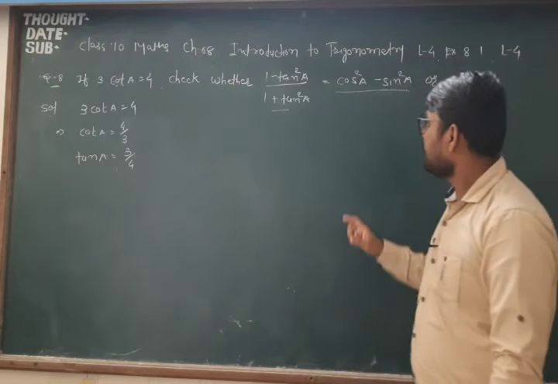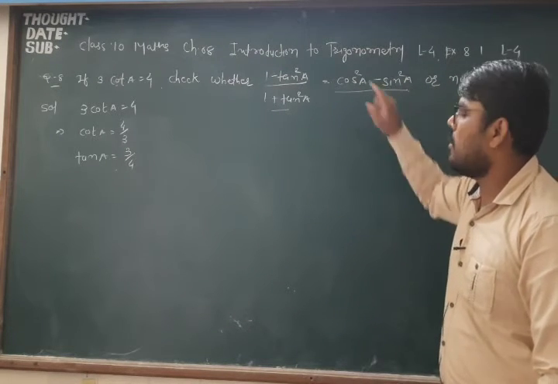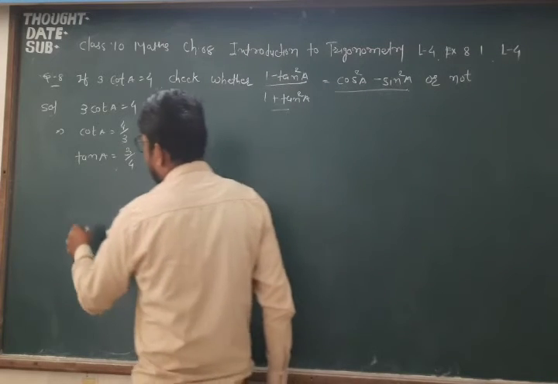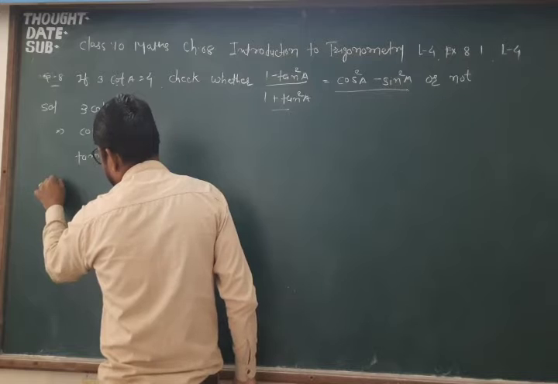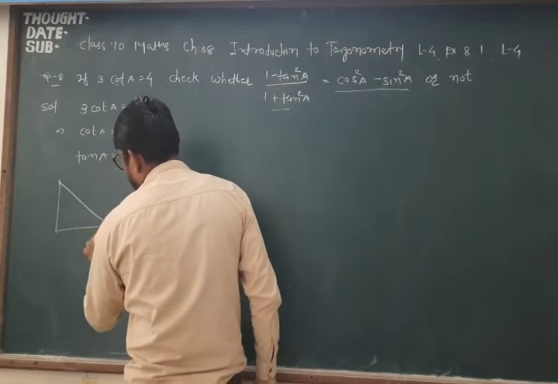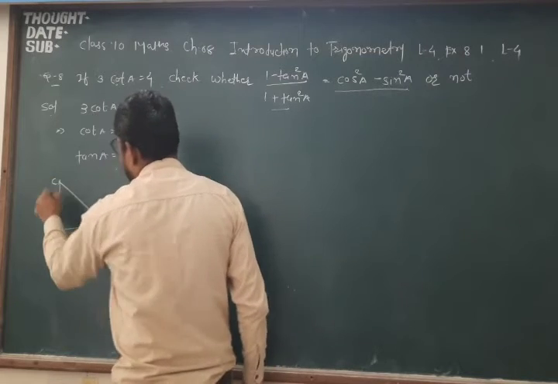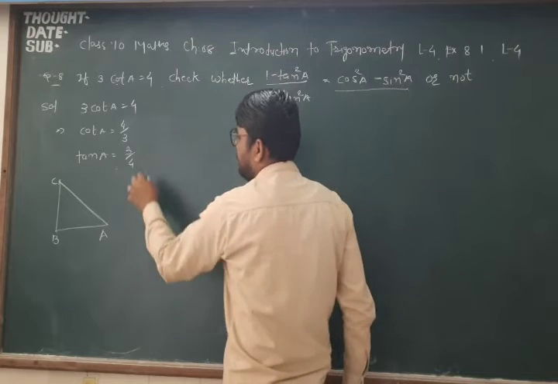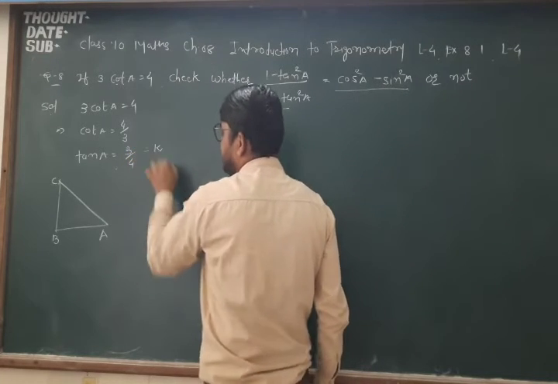Okay, but still we need sin and cos. So let's draw the triangle. Draw the triangle in this way, A, B and C. Here tan A is given, so suppose any positive integer k.